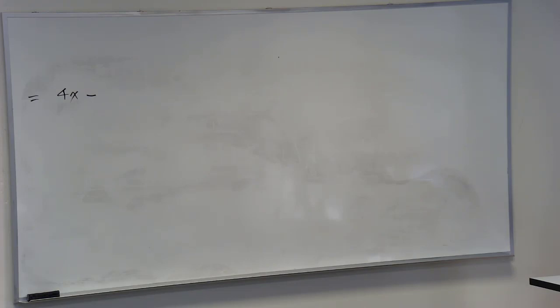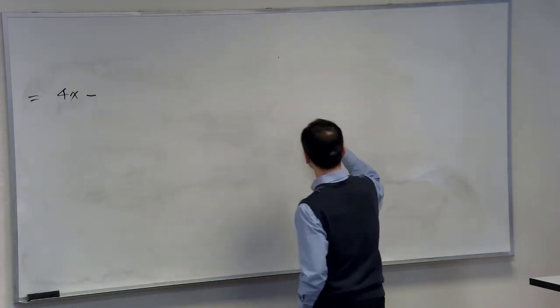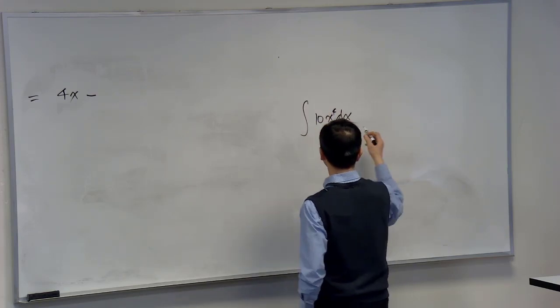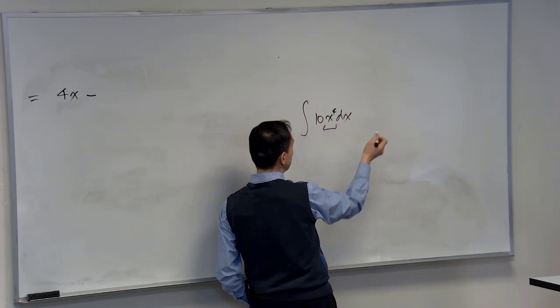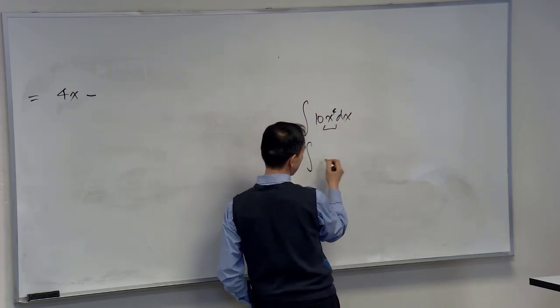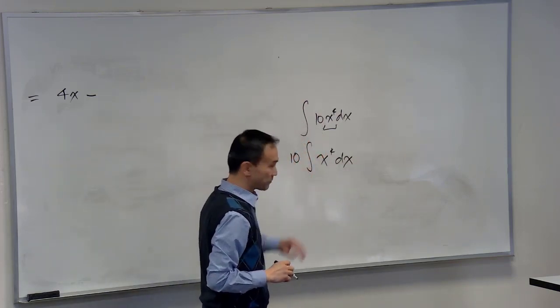It's a power function. As a quick explanation, for the 10 x to the fourth dx, we can apply that rule, but you can treat that 10 as a 10 times the antiderivative of x to the fourth dx. That's a little bit of scratch work.